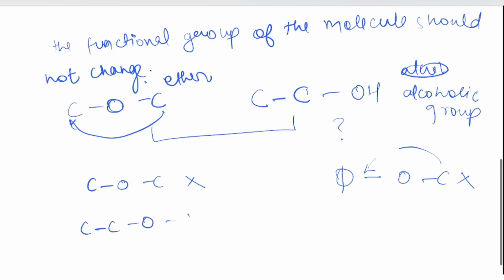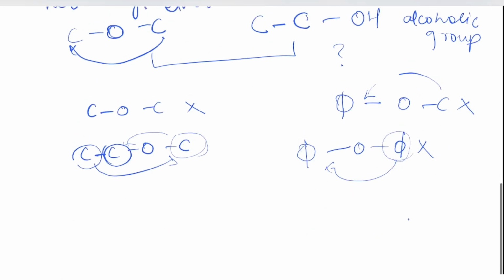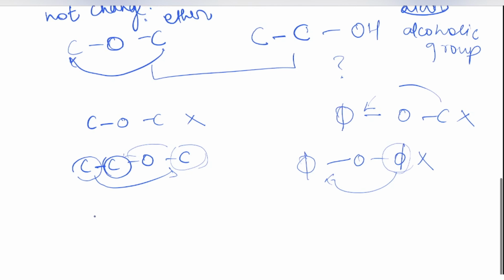This also will not show meta-isomerism because there's only one carbon this side, so I cannot shift this carbon here, and if I shift one of these carbons here, then we get the same molecule which we had in the beginning. And let's take another example. This will also not show meta-isomerism, because if I shift this phenyl group here, then it becomes an alcohol.